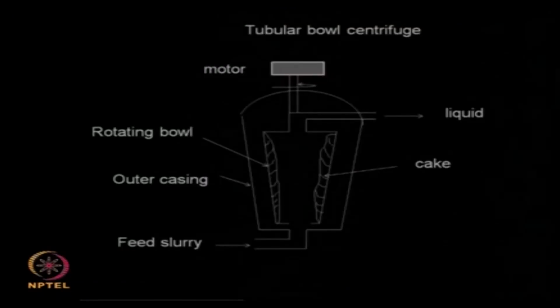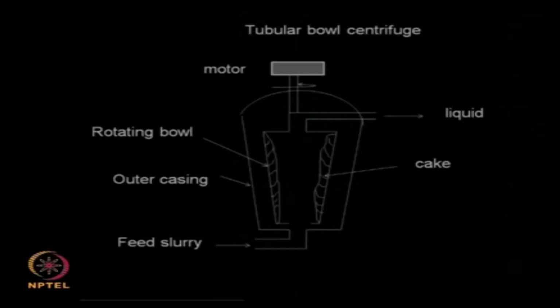Okay. Now the next design which we saw in the previous class is the centrifuge. The centrifuge achieves its driving force through the application of a high rotational speed, and because of these centrifugal forces solids get thrown out to the walls and the liquid flows right through the center, and that is how you achieve a solid liquid separation.